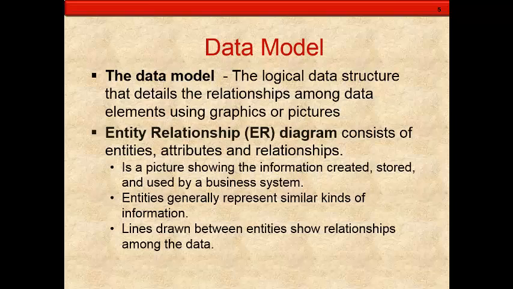We often just call it an ERD. And it consists of three key elements: the entities, the attributes, and these attributes belong to the entities. I'll talk about those in a second. And then the relationships among these entities.